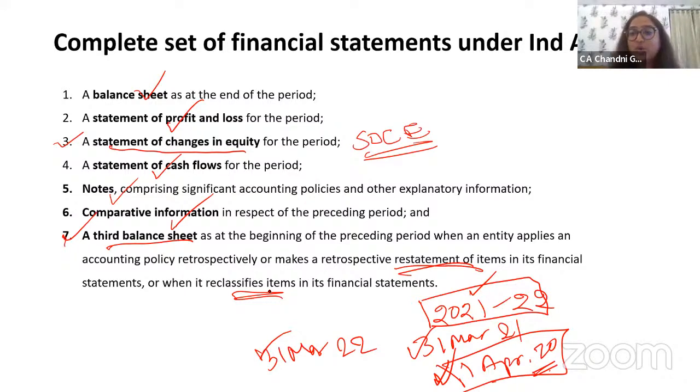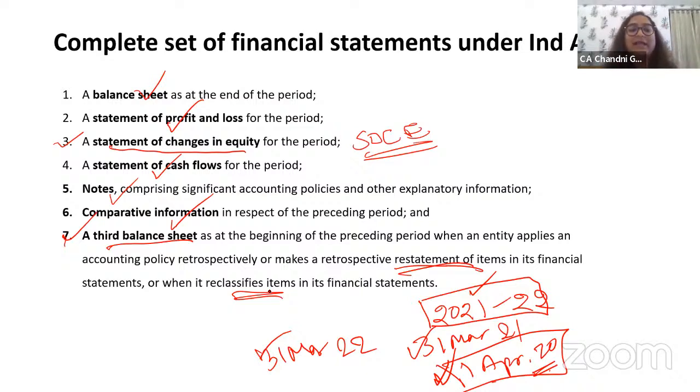You cannot show a line item on the face of the statement of profit and loss. If there is any prior period error, you have to prepare a third balance sheet if the impact is material. In the third balance sheet, you will just correct that, and further balance sheets will be prepared as per the correct numbers. So this is the concept of the third balance sheet.